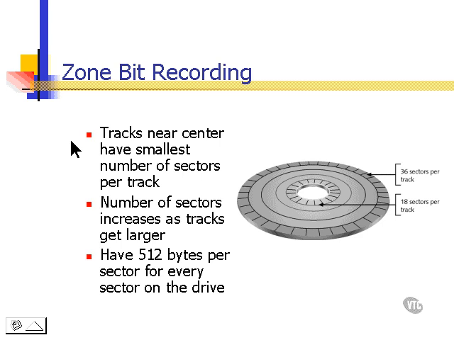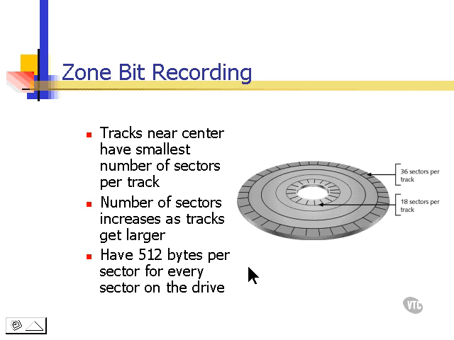With zone bit recording, the tracks near the center have the smallest number of sectors per track. And the number of sectors increases as the tracks get larger. But one standard is that all sectors have 512 bytes of data in them.